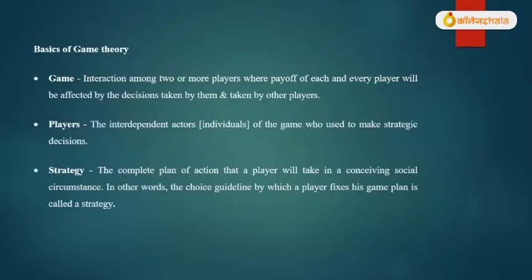Firstly, we need to know the basics of game theory, starting with what is a game. A game is an interaction among two or more players where the payoff of each and every player will be affected by the decisions taken by them and by other players. Let me explain in a very easy way.